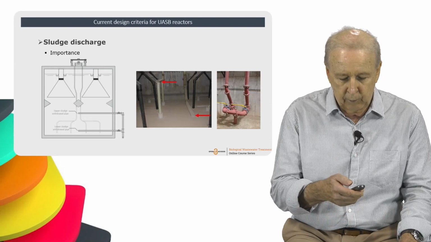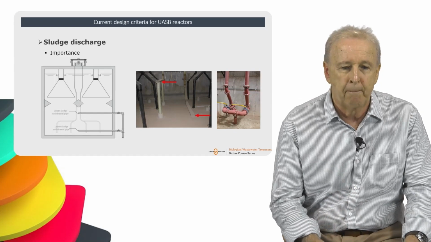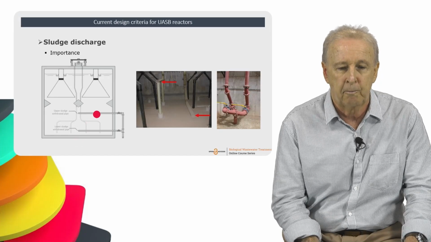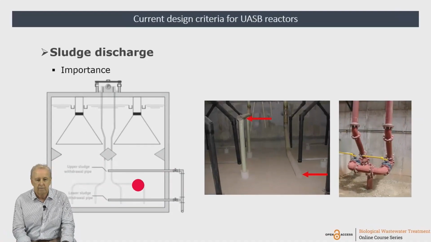But the way we recommend is to discharge more sludge in terms of mass from this point than from this point. But if this is not possible, because this will result in very high volumes, try to discharge at least 50% from this point in terms of mass and 50% from this point in terms of mass.